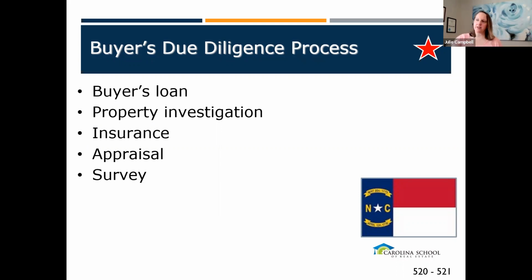We've mentioned the appraisal. The appraisal is the property of the lender. The lender requires the appraisal. They let the buyer pay for it, but they require the appraisal so they know how much loan to issue. Remember our loan to value ratio?